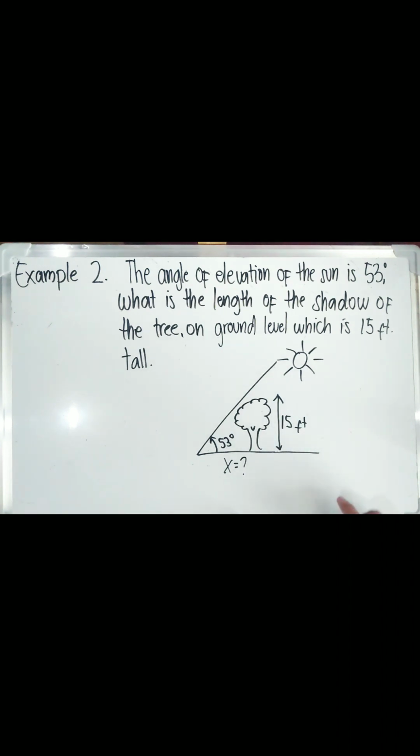The angle of elevation of the sun, which is 53 degrees, the height of the tree, which is 15 feet, and x here, which represents the length of the shadow of the tree. So we need to find x.